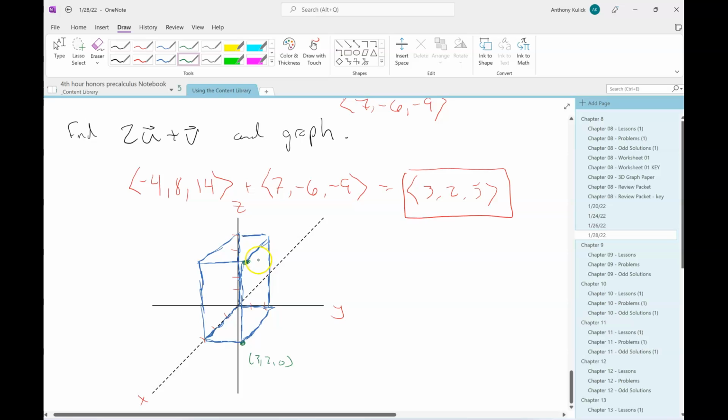So there's my point, 3, 2, 5, but we want the vector 3, 2, 5, but our component form vector is just going from the origin to that point. So we're just talking about that vector.